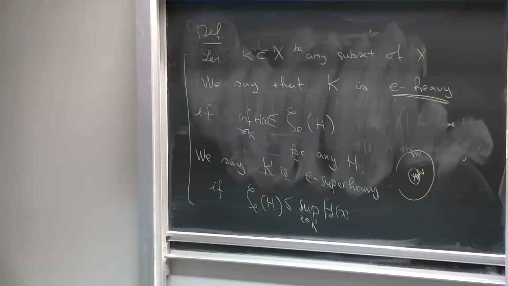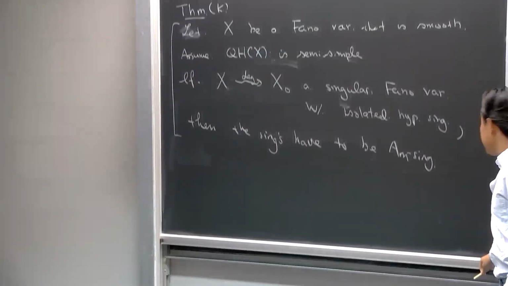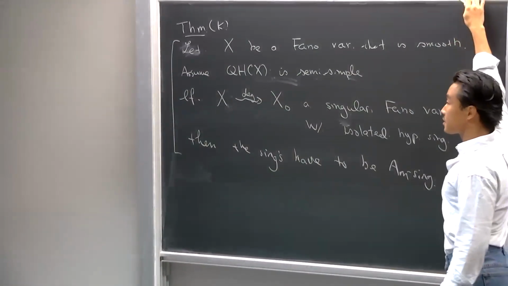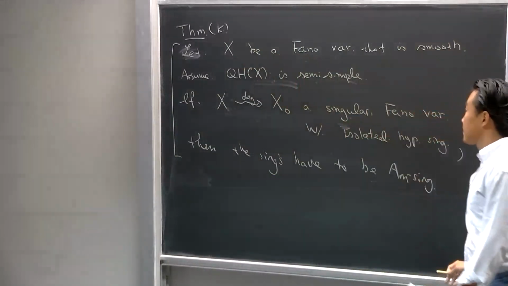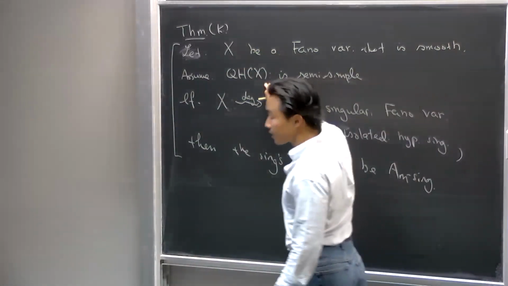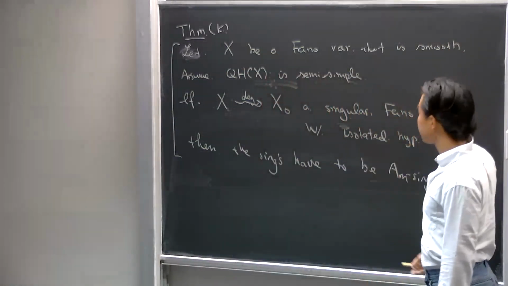So let me remind you of the result that I wanted to discuss. X is a Fano variety, and we assume that it has a very nice quantum homology structure.